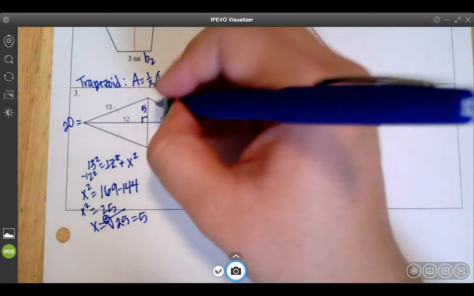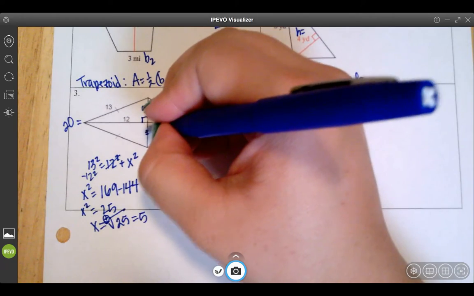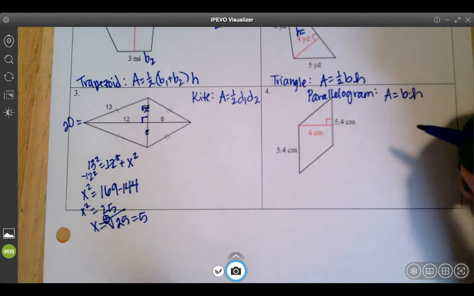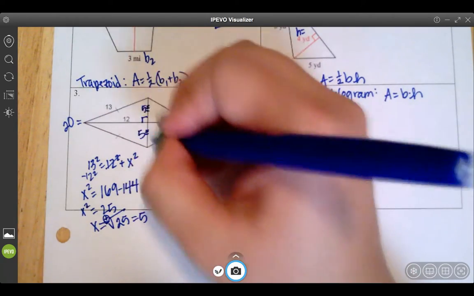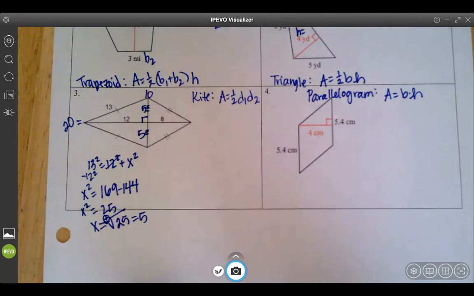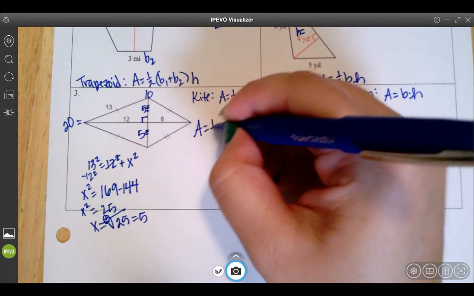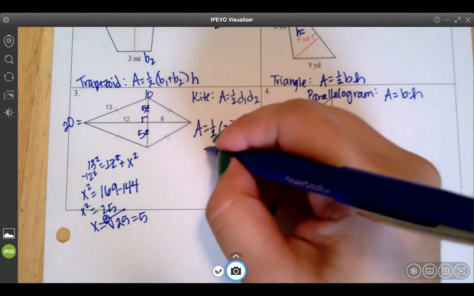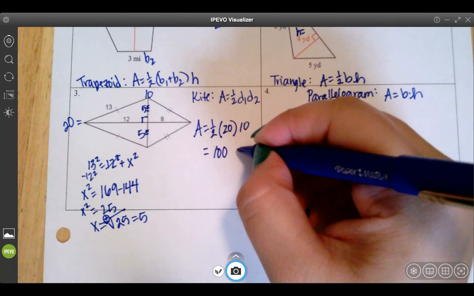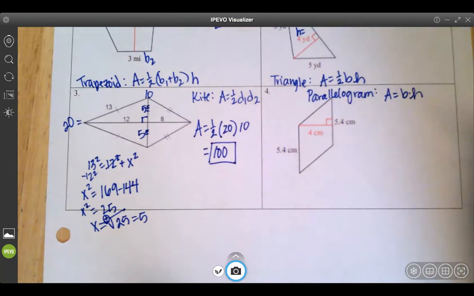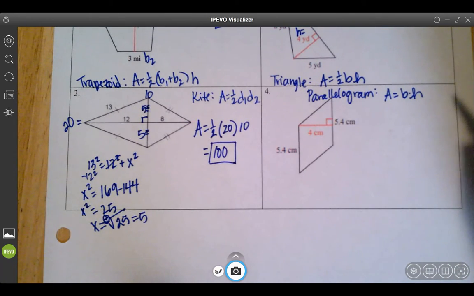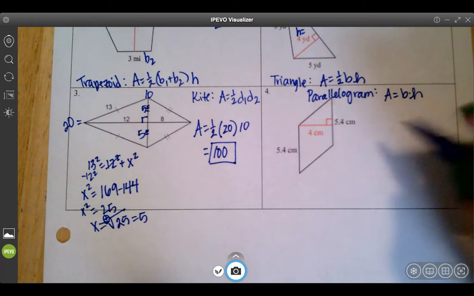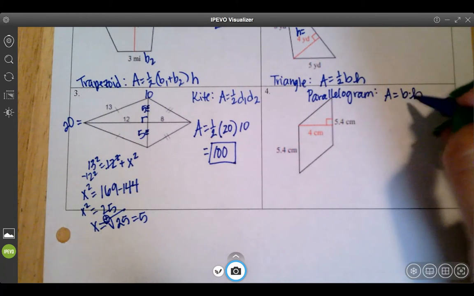Because this is a kite, we know that these parts of the diagonal are congruent. 5 and 5 gives us 10. So area equals 1/2 times 20 times 10, which is 100. We don't have units, so we won't put units. And number 4, area equals base times height.